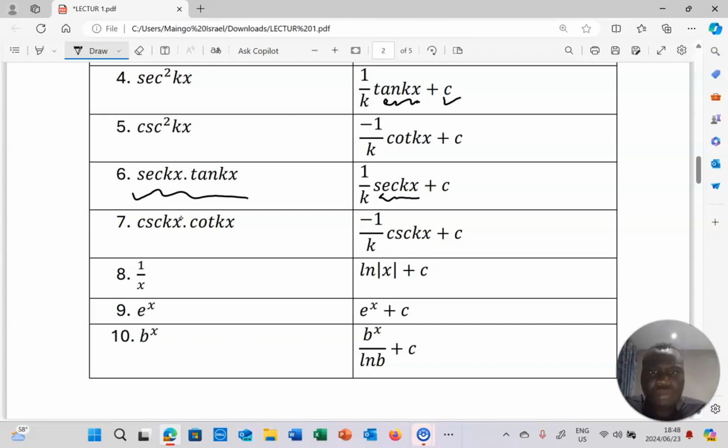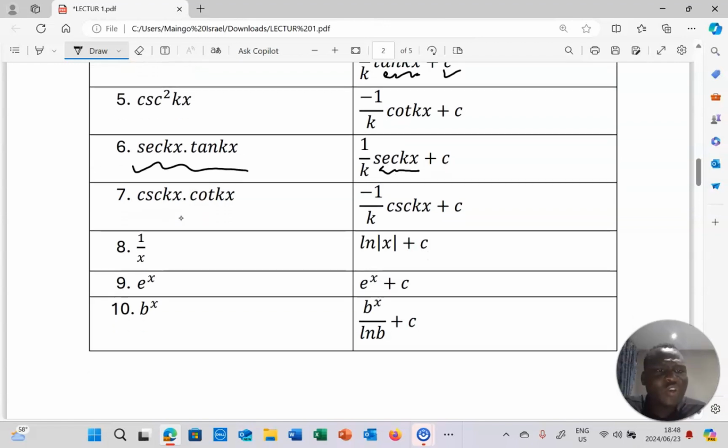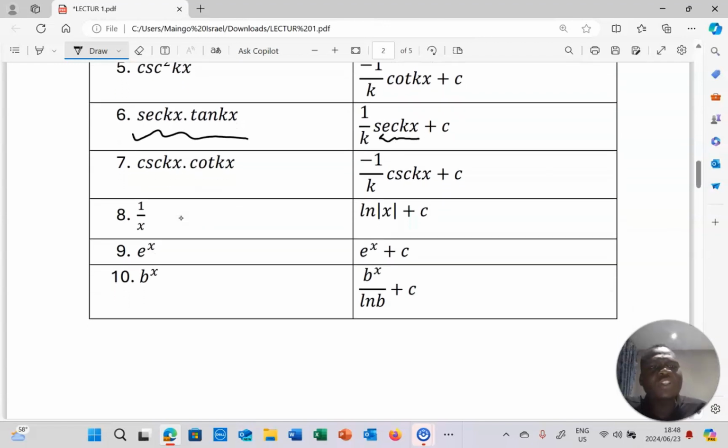So we also have number 7, which is cosec kx times cot kx. You know that when we differentiate cosec kx, we get negative cosec kx times cot kx. So we differentiate this to get this.